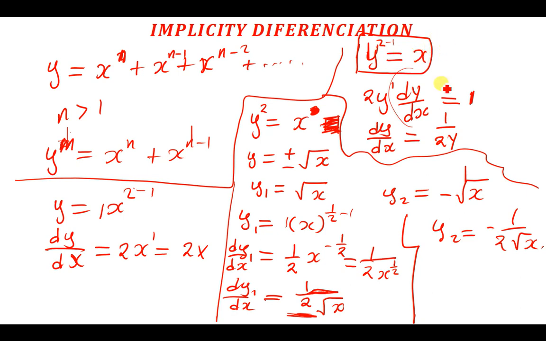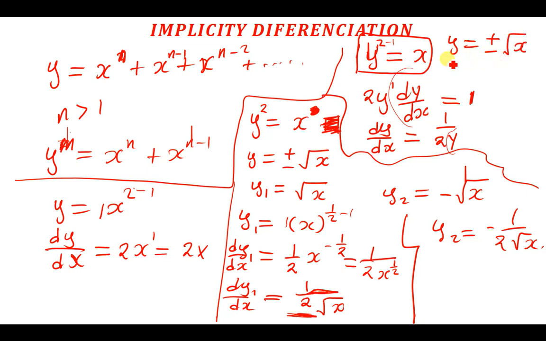Now to find y, because we need to replace this y with a function of x, we square root both sides, meaning y is equal to plus or minus the square root of x. This is how you do implicit differentiation.